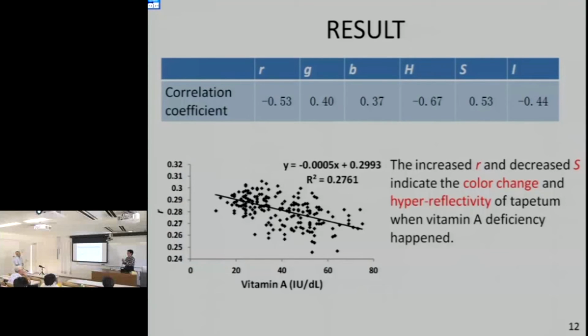We don't have enough data, so we compared the 1-year-old cattle and the 10-year-old cattle. The lens becomes yellow in 10-year-old cattle. Hopefully, we'd like to see those data.